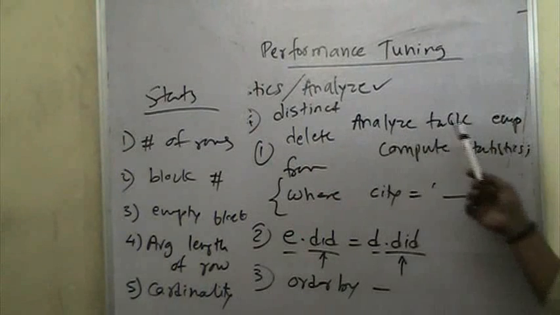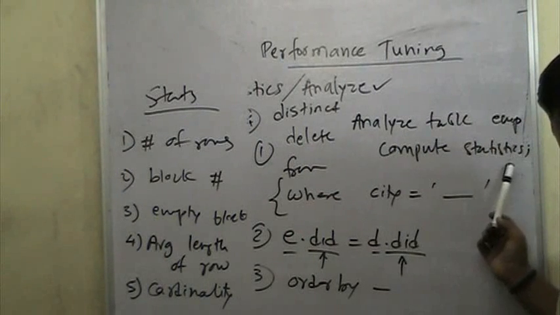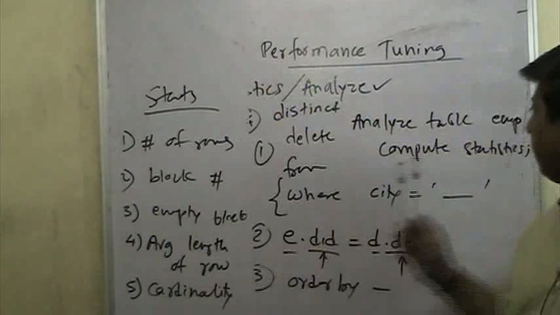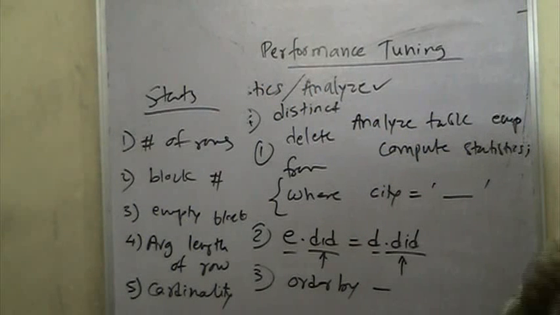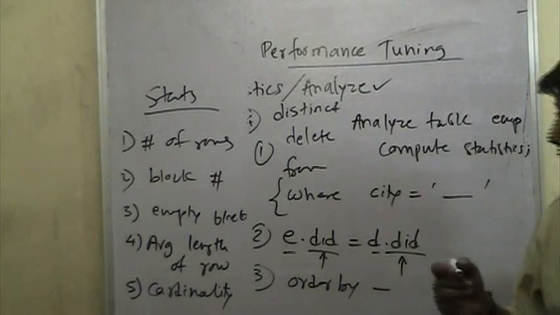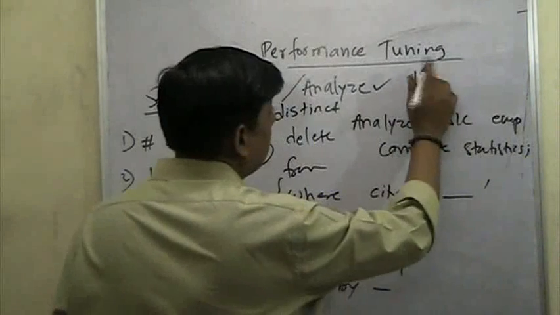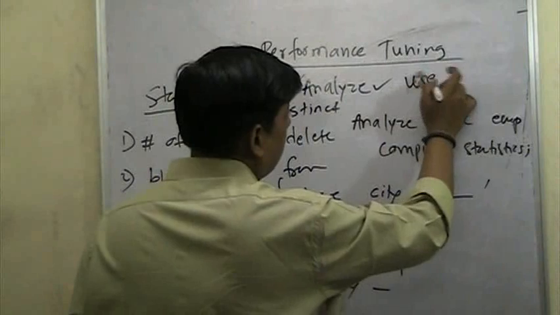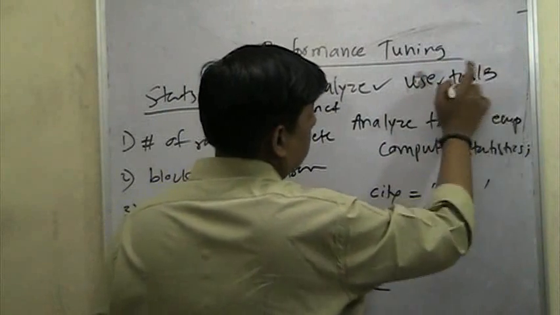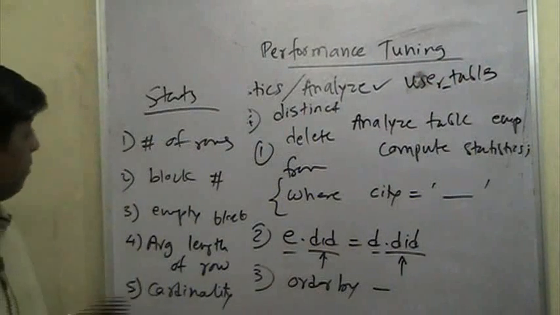When you execute this command, analyze table employee compute statistics, all this information for the employee table is collected and stored inside what we call data dictionary views. One of the data dictionary views that we know is user_tables. If you go to user_tables, you will see all these columns.